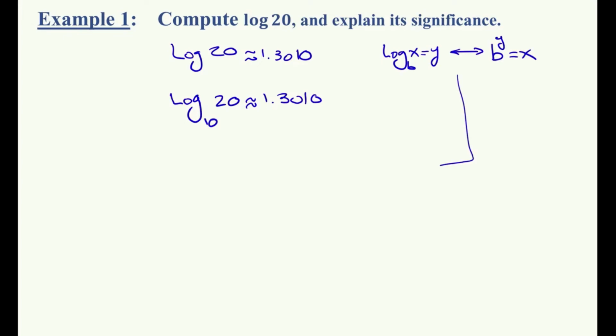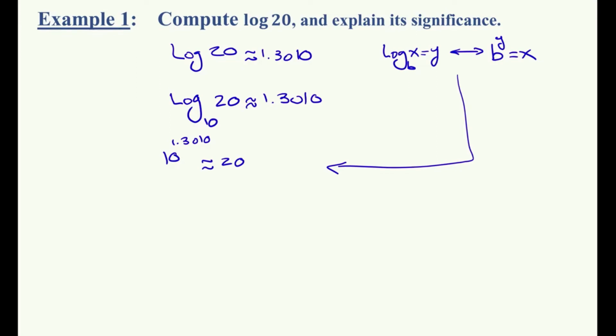So if we use that here, we're going to get 10 to the power of 1.3010 is approximately 20. So when we compute log 20, we're basically finding the exponent that 10 needs to be raised to in order to get 20.